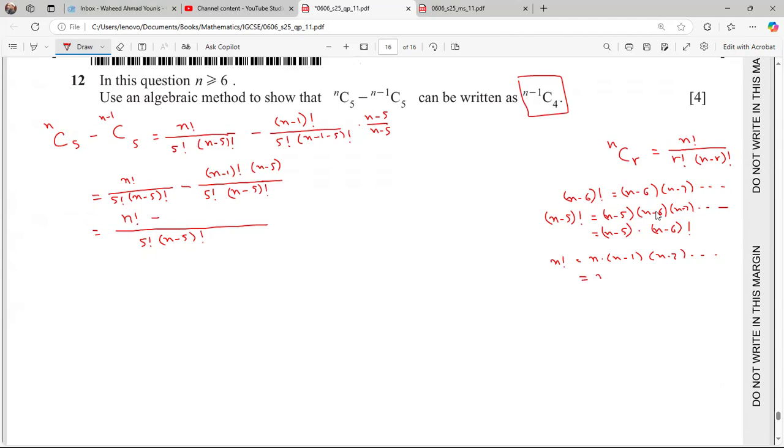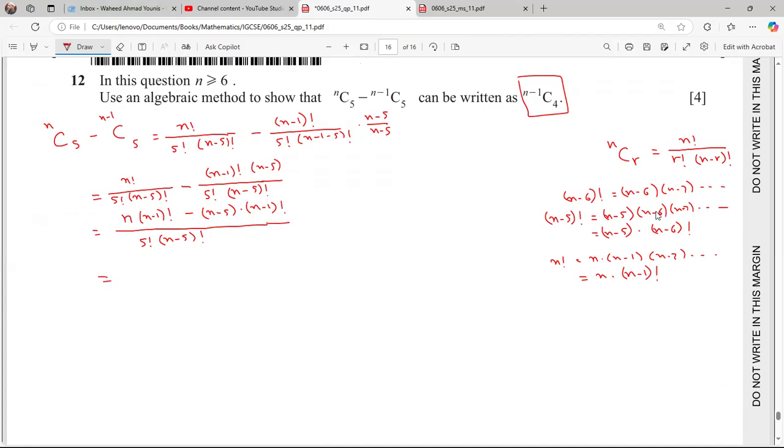So I can say this is n into (n minus 1) factorial. Instead of this n factorial, let me write here n into (n minus 1) factorial, minus, here I have n minus 5, and then (n minus 1) factorial.